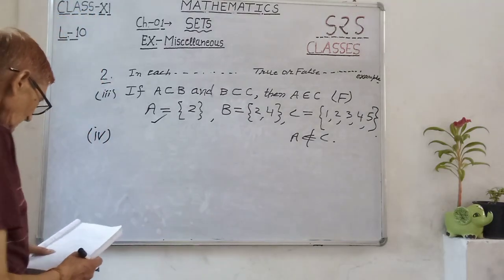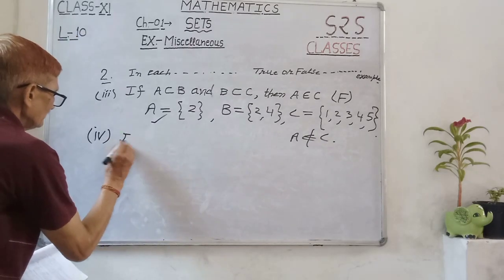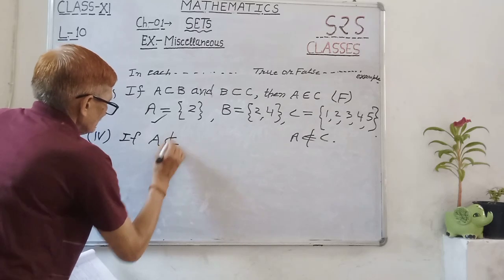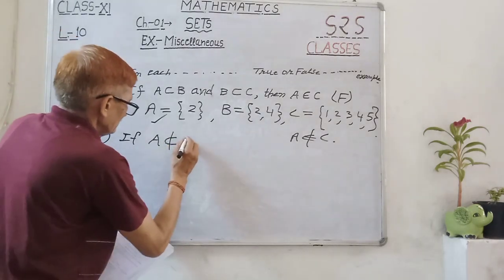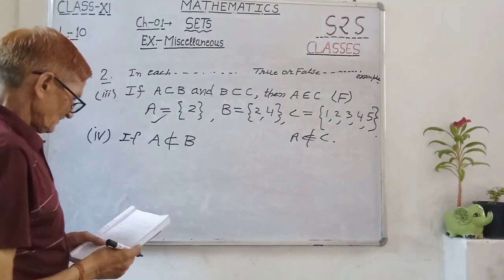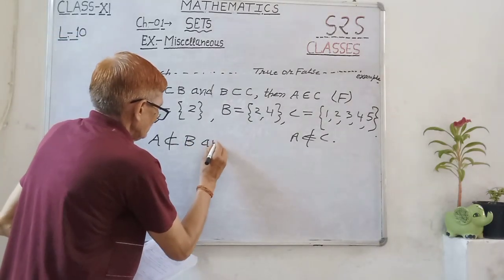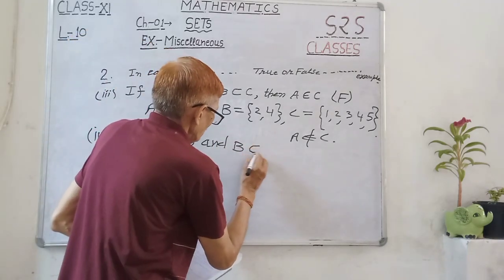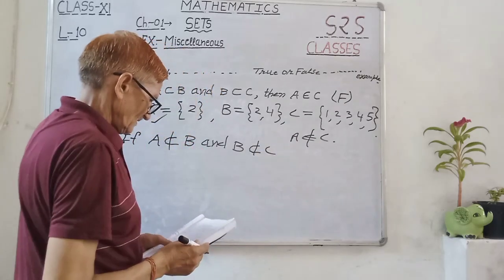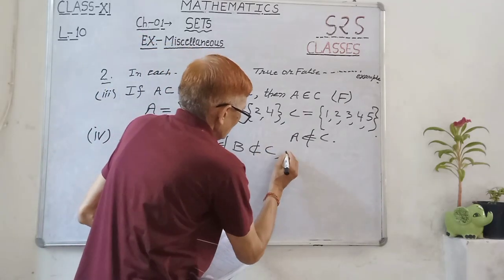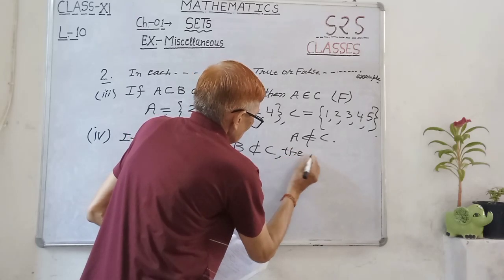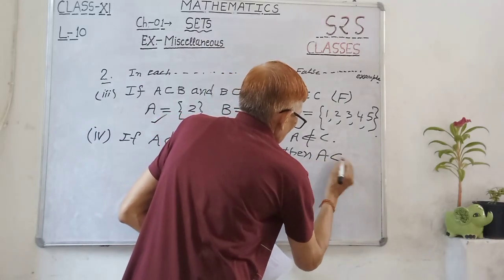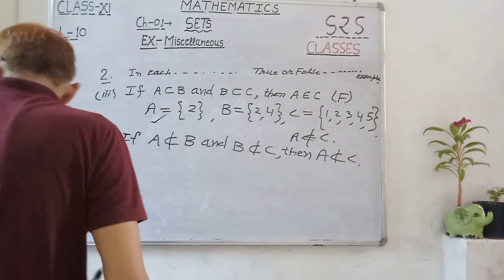Now fourth, if A is not the subset of B and B is not the subset of C, then A is not the subset of C. Yes, see that.